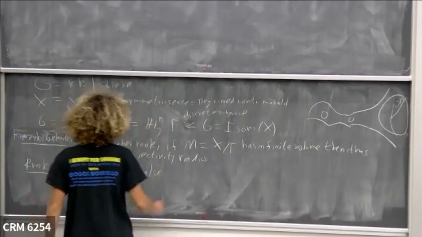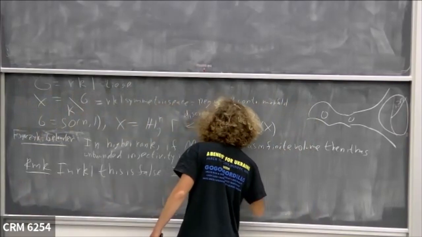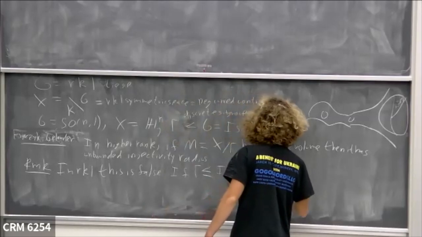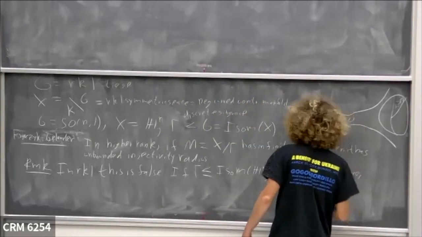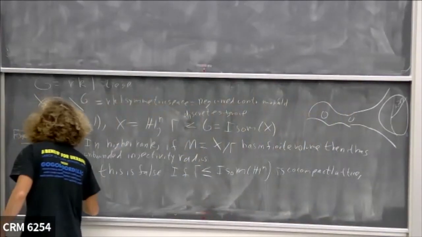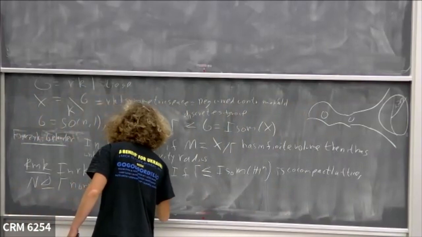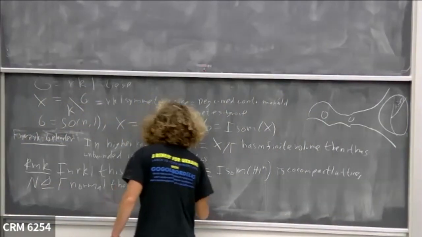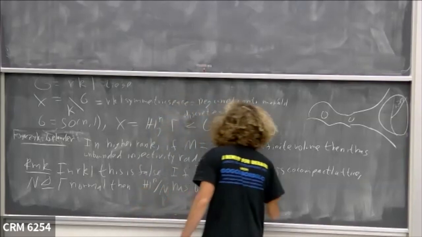An example: if you have a co-compact lattice gamma in hyperbolic space and N a normal subgroup, then H^n mod N has bounded injectivity radius.